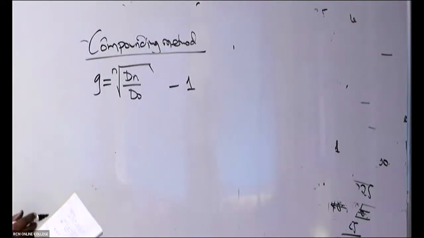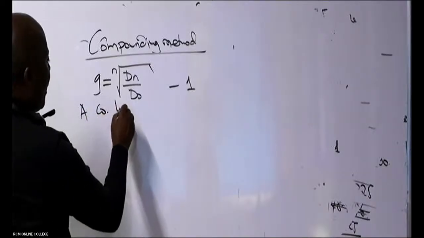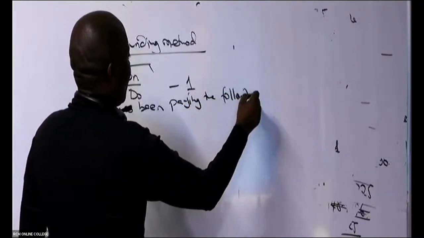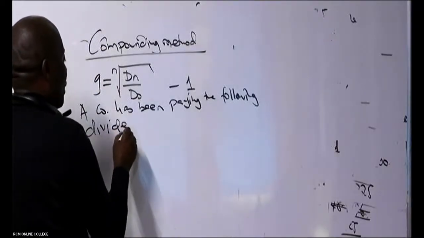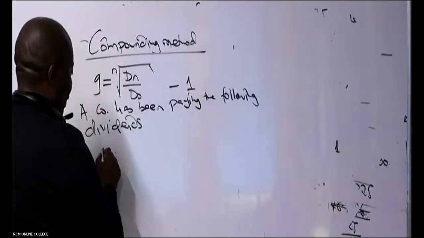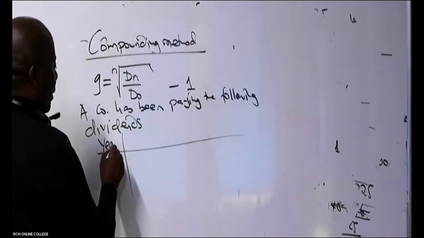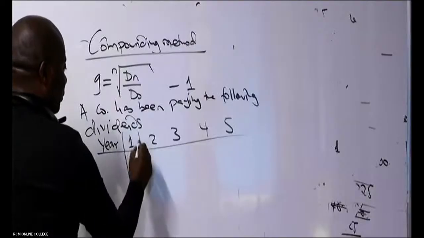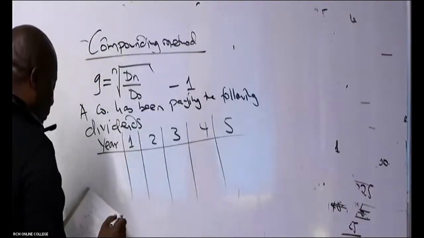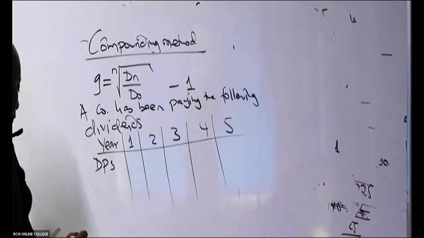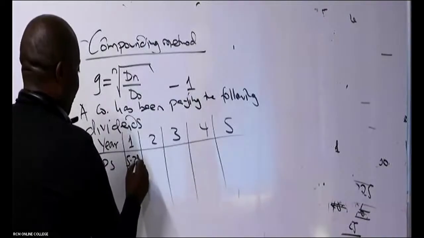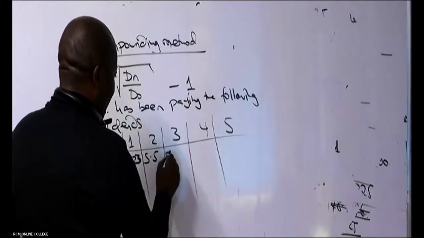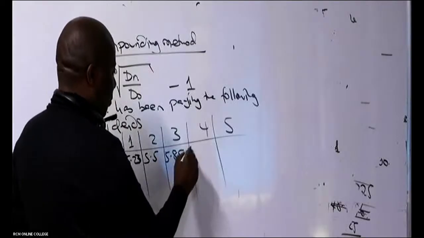A company has been paying the following dividends. We have dividends per share: 5.23, 5.5, 5.85, 6.25.